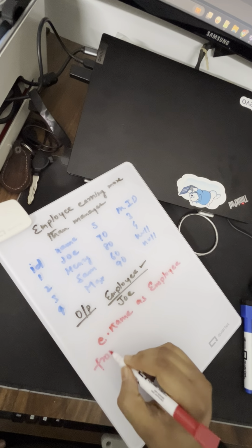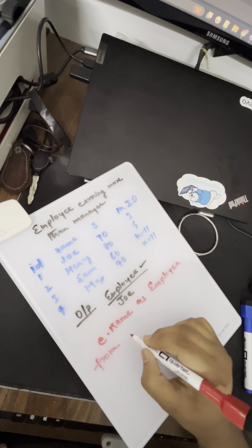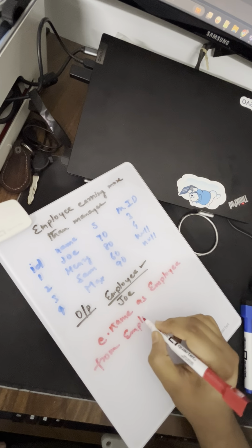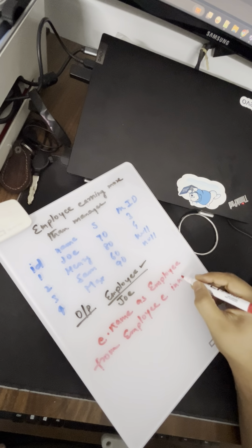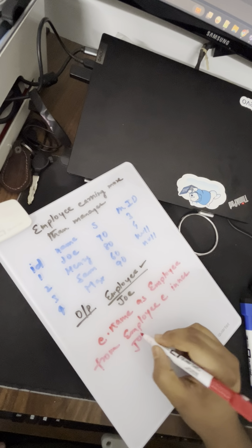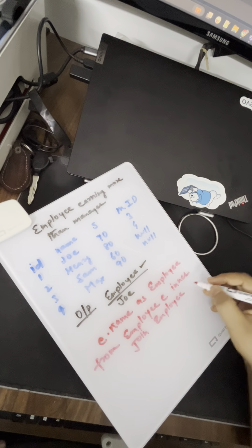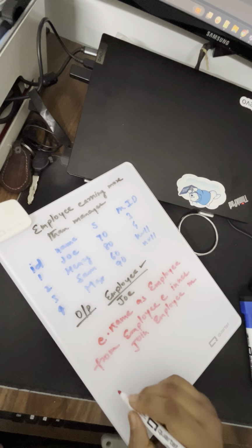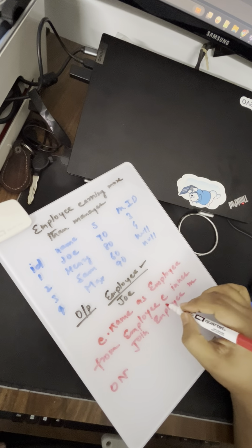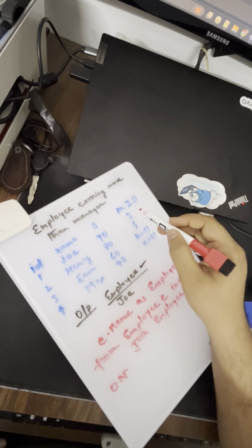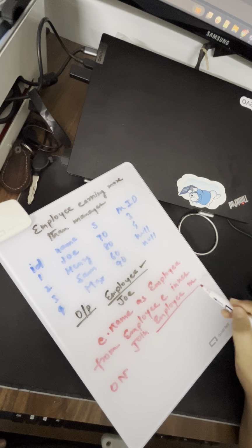Your table is the same because we have only one table, so we can write employee e, and then we will do an inner join with the same table, and we will keep it as m. Now the condition is, this employee's manager ID should match the ID of the other side.